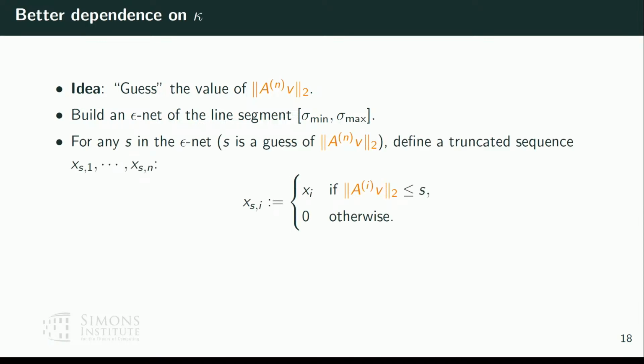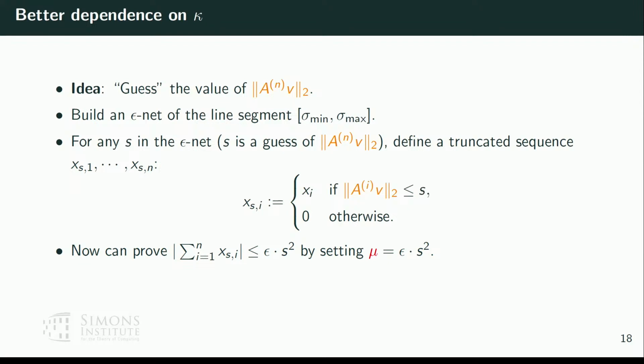And then for any fixed value s in this epsilon net, we can define a truncated sequence, which I will call Xs, such that it equals the variable that we care about, Xi, as long as up to the ith iteration, our guess s is still a good upper bound of this norm.